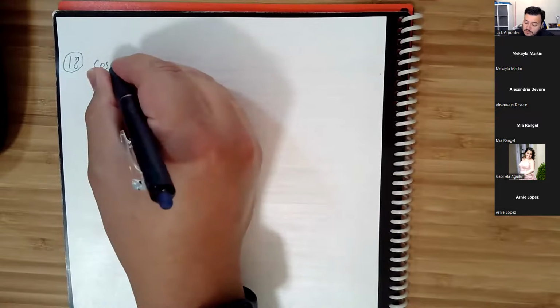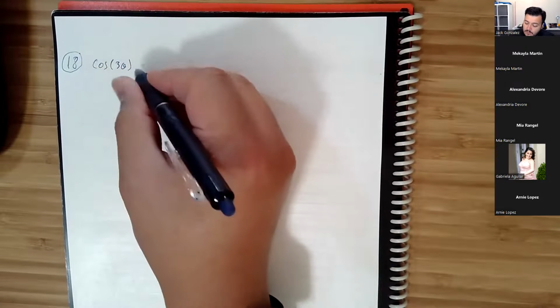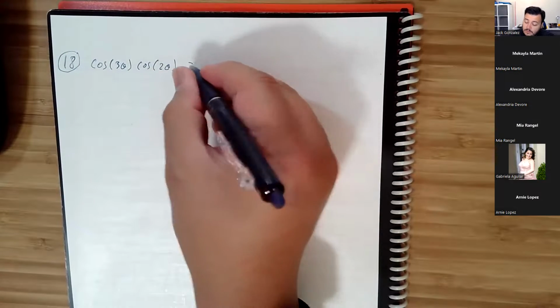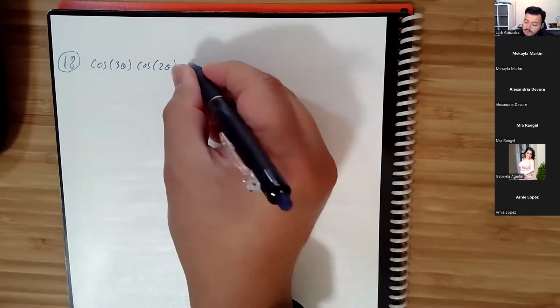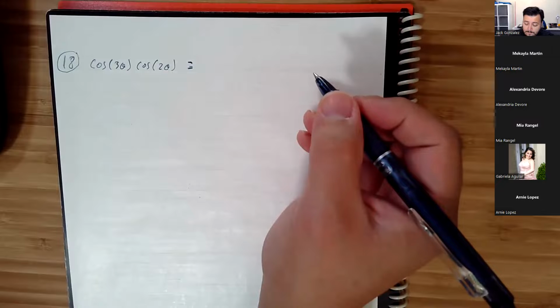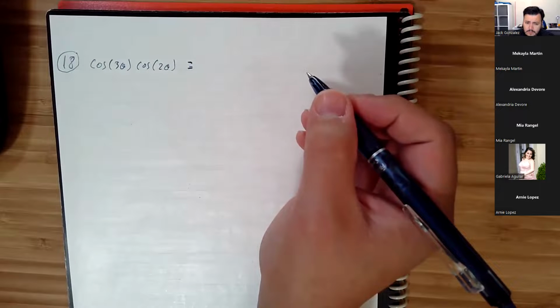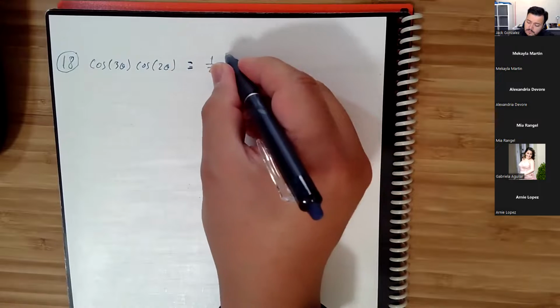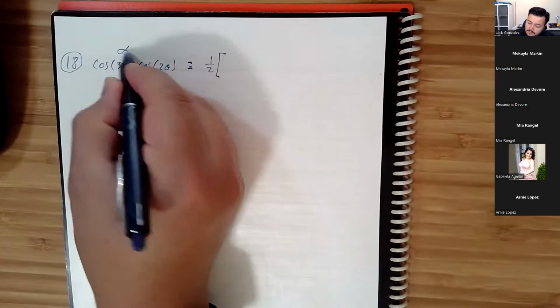Cosine 3 theta, cosine 2 theta. All you got to do is use your product to sum. That's going to be 1/2. So this is my alpha and beta.